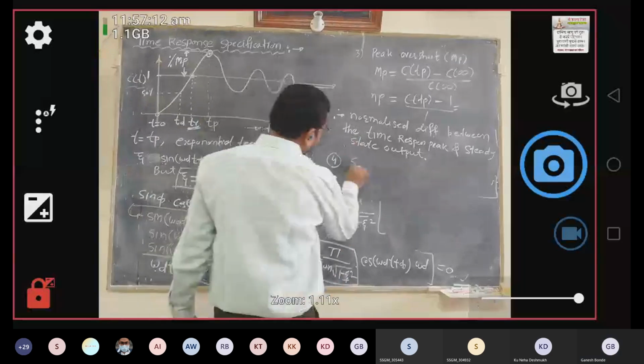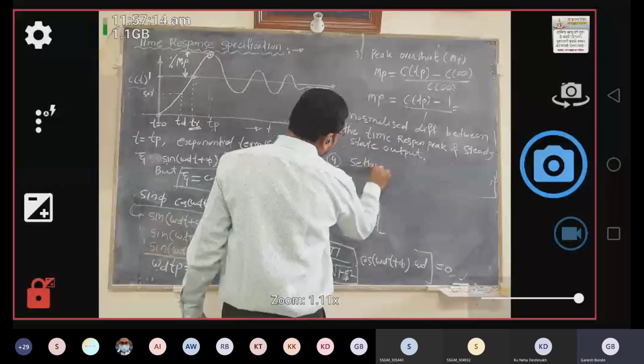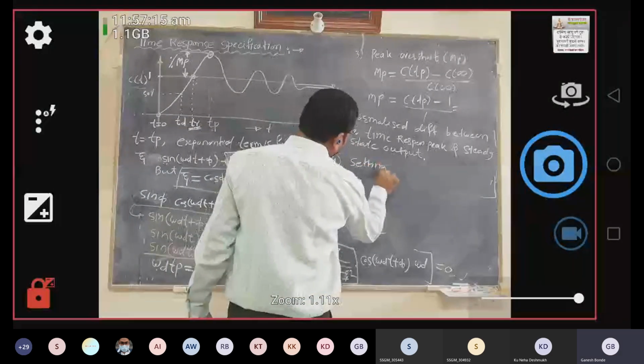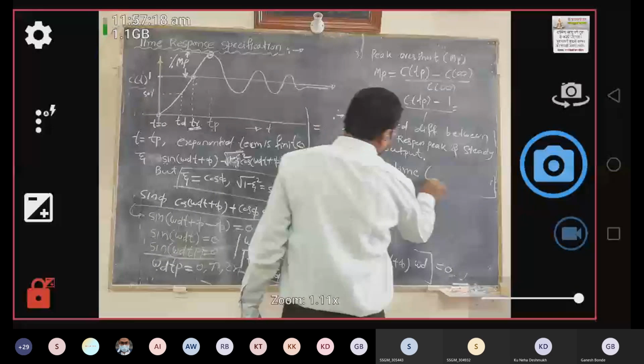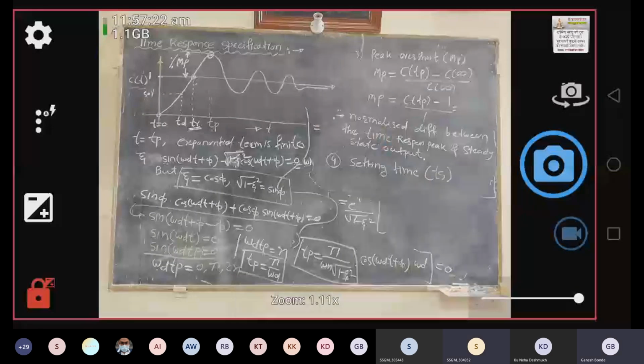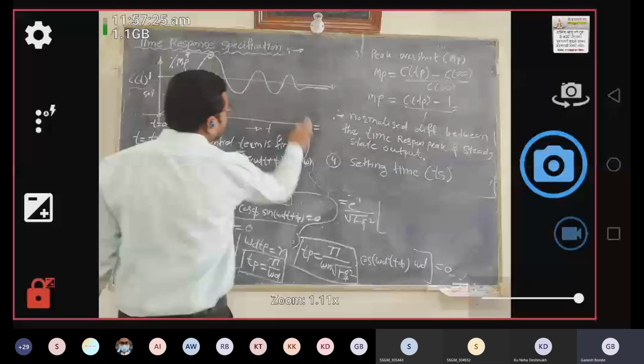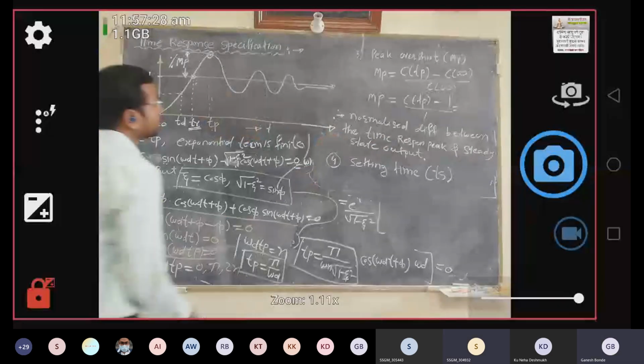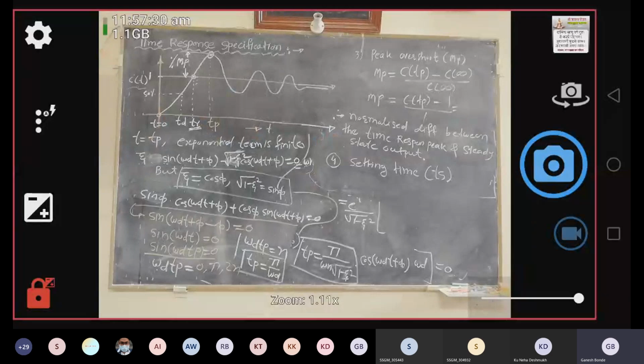So you just note down the definition of settling time. It is denoted by TS. Here we are going to locate this settling time in the diagram. Settling time is the time corresponding to the steady state output.